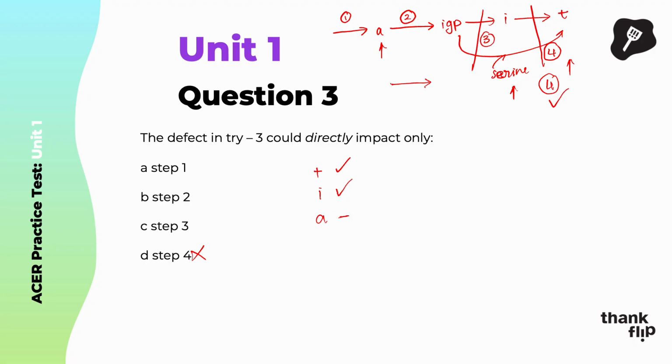So that means we can eliminate step 1, because it's likely impacting a downstream step from A.